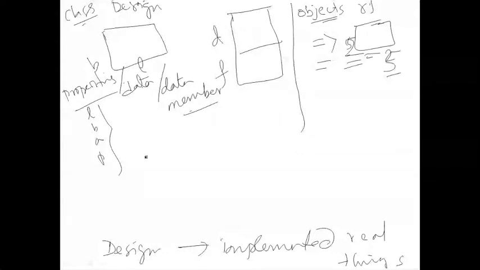In this case we have 4 data members, and another part is called function. So here we have calculate area and calculate perimeter, 2 functions. Length, breadth, area and perimeter is the data section.